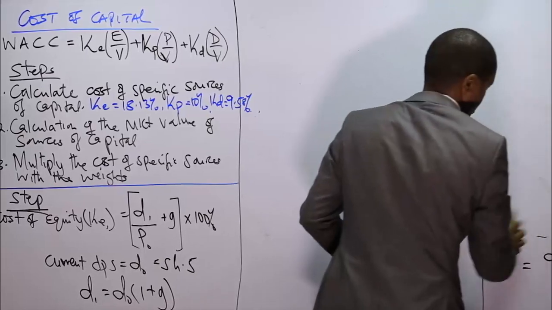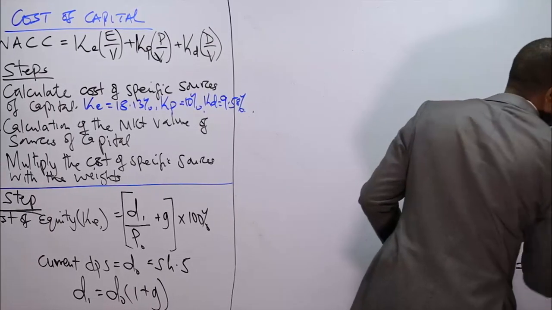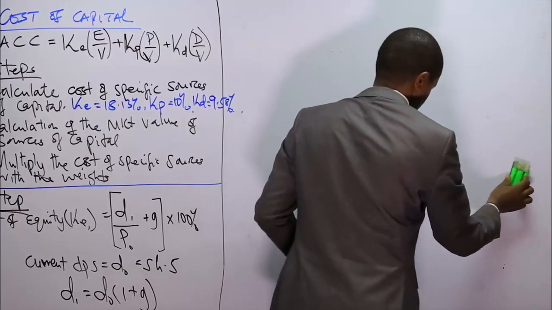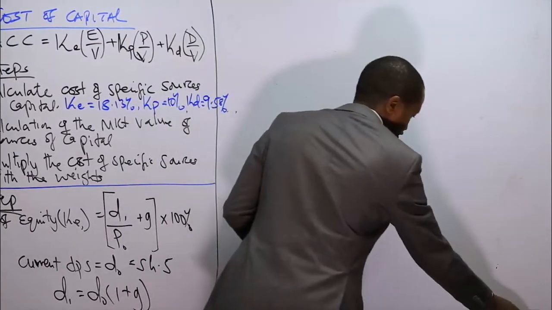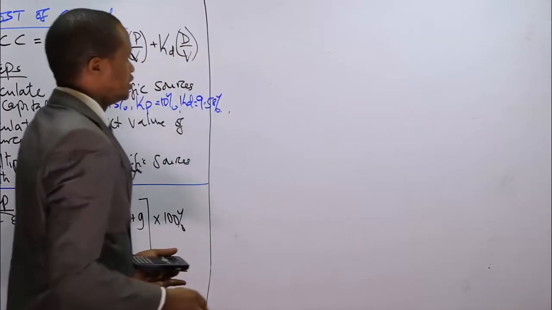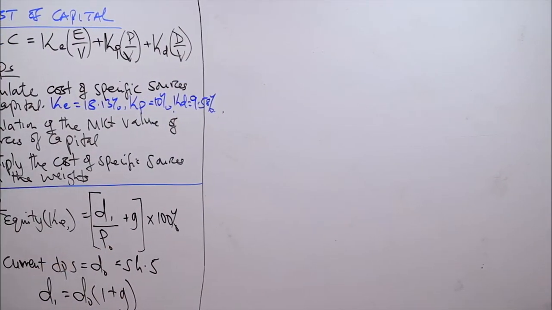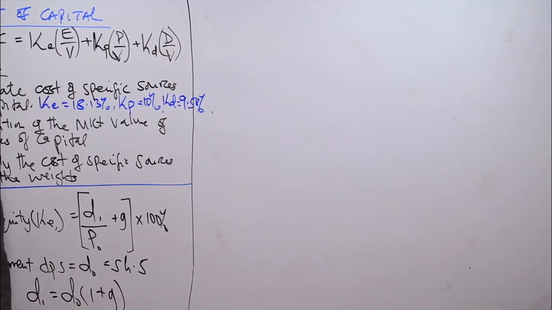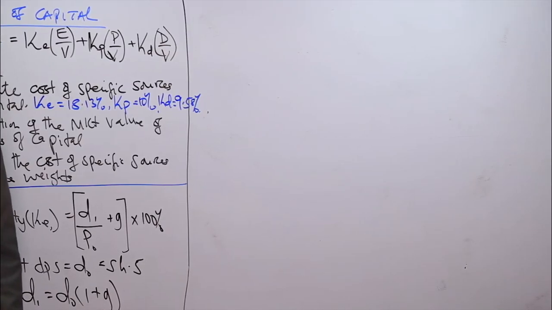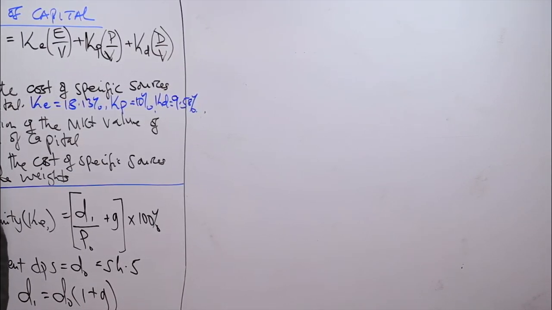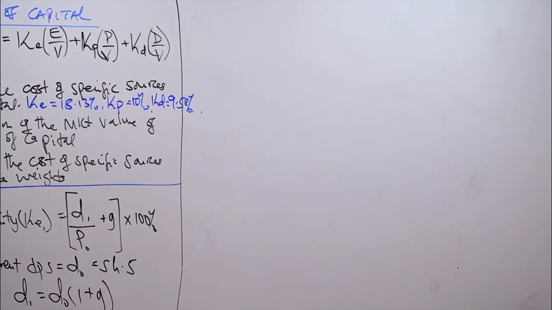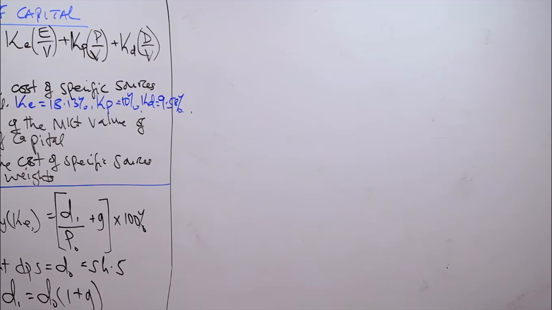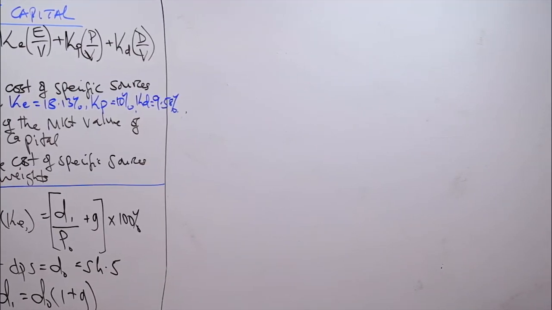The market values will be determined depending on the information given in the question. If you are given the market values per share, then what you need to do is to determine the number of shares, then you multiply the number of shares by the market price per share.